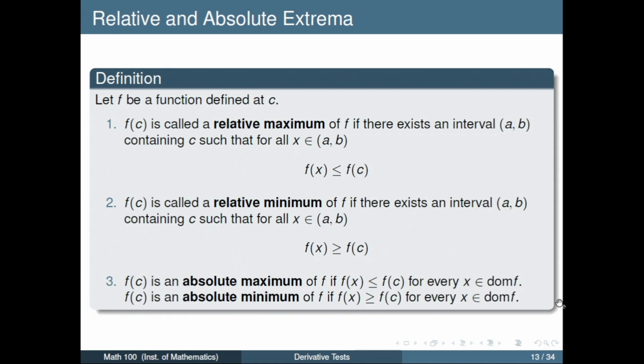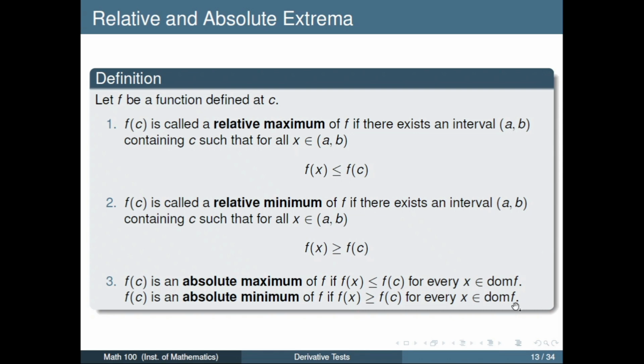And now, f of c is an absolute maximum if f of x is less than or equal to f of c for every x in the domain of f. And it's an absolute minimum if f of x is greater than or equal to f of c for every x in the domain of f.